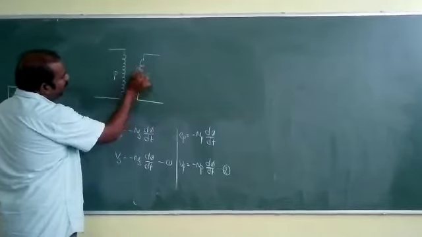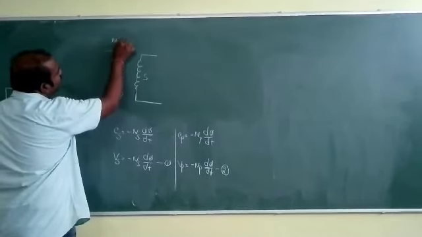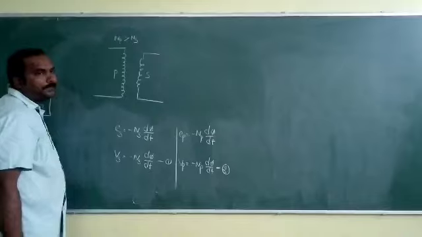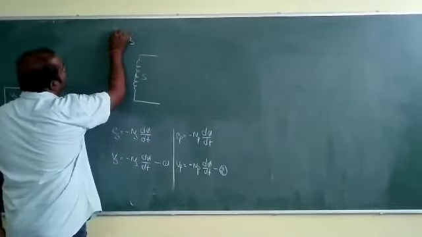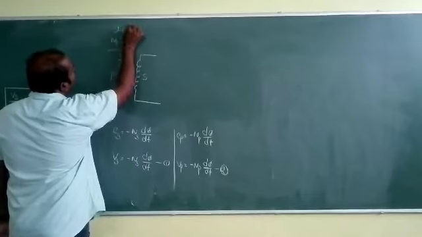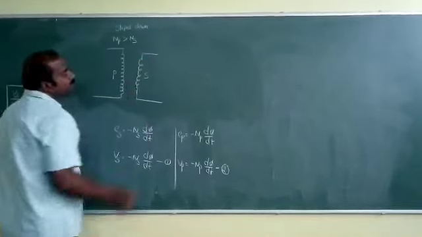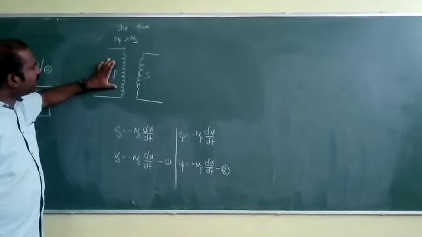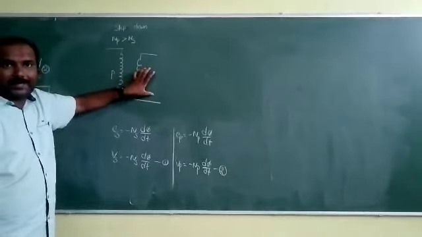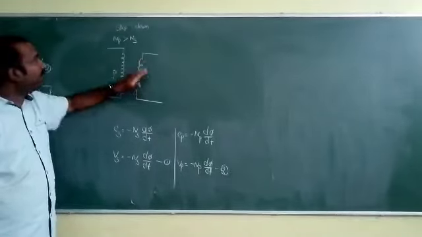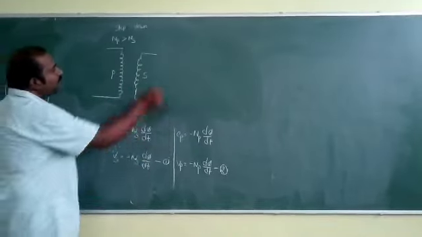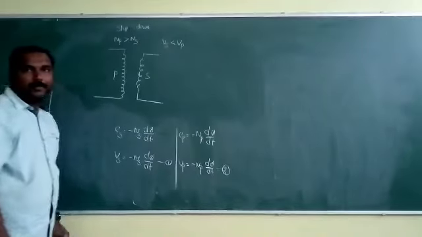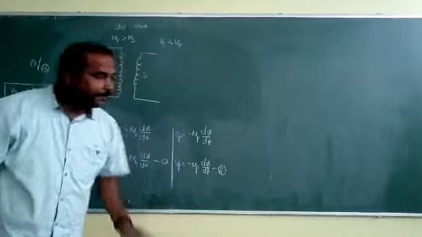If the number of turns in the primary is greater than the number of turns in the secondary, such a transformer we call a step-down transformer. Because the number of turns in the primary is more than in the secondary, such a transformer we call step-down. In a step-down transformer, the voltage across the secondary is less than the voltage across the primary.